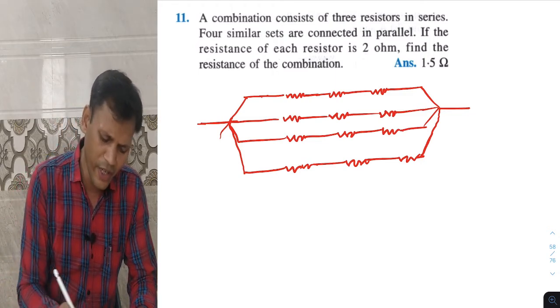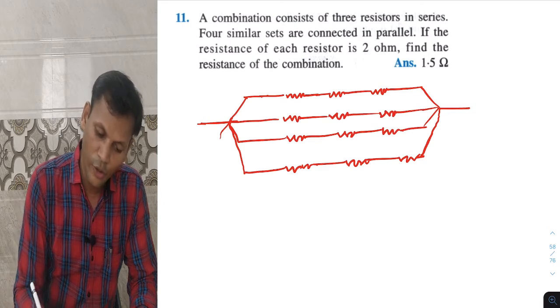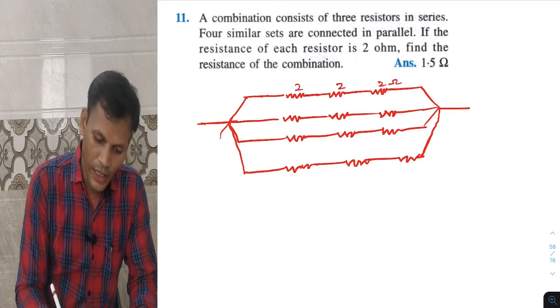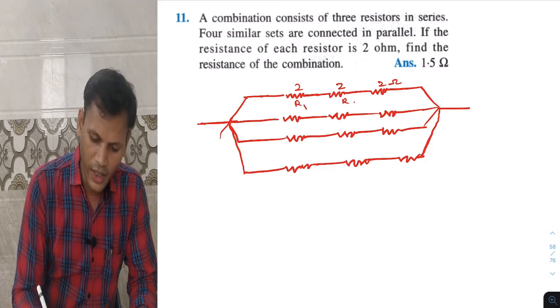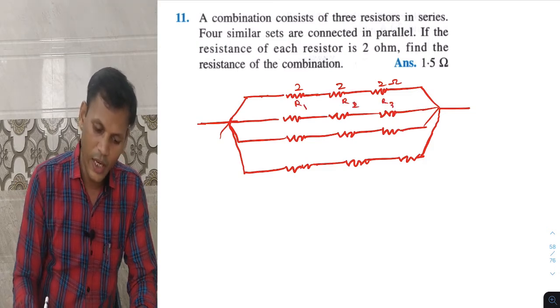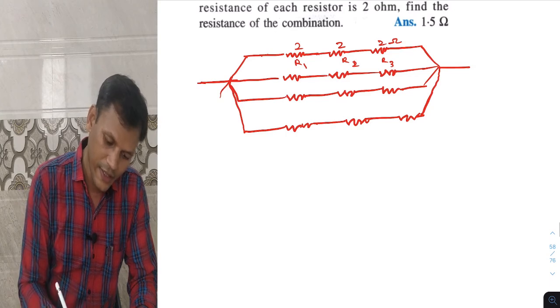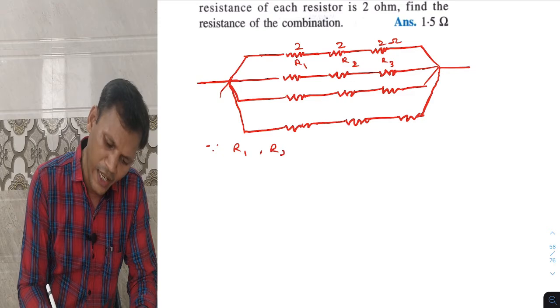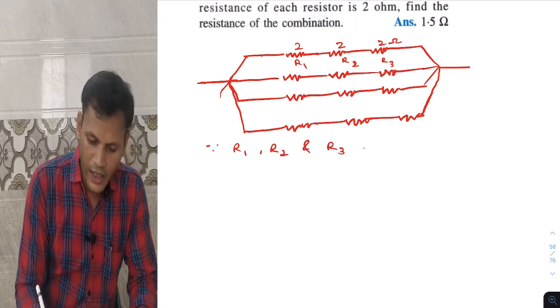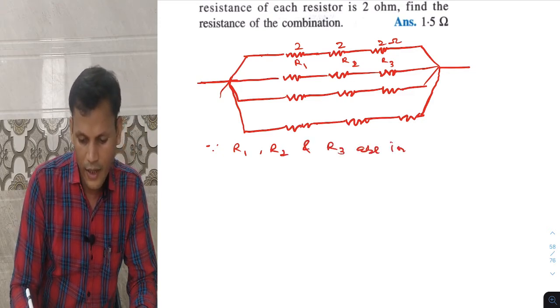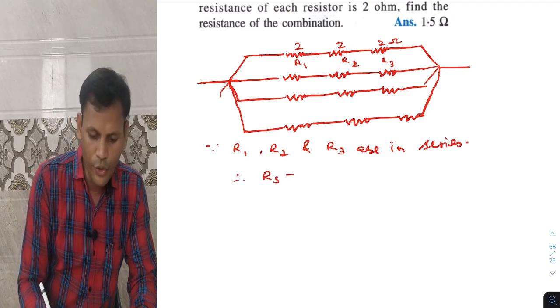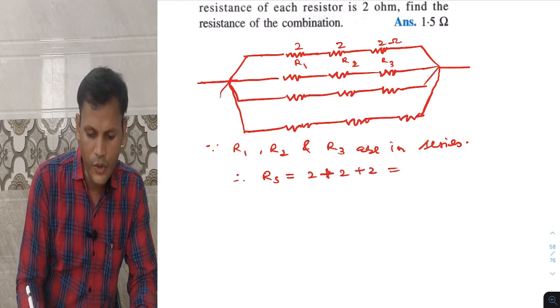Everywhere we can't write the value, it is definitely 2 ohm. So I will say only R1, R2 and R3. Since R1, R2 and R3 are in series, therefore Rs will be 2 plus 2 plus 2, that will be 6 ohm.